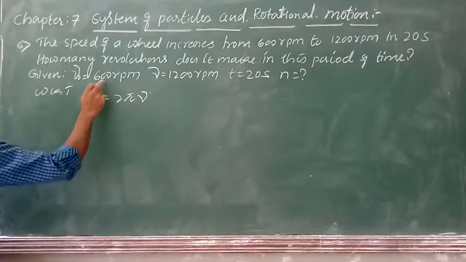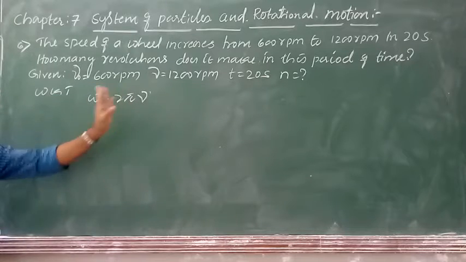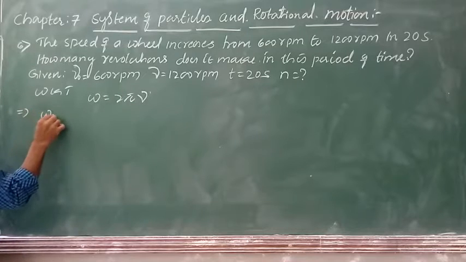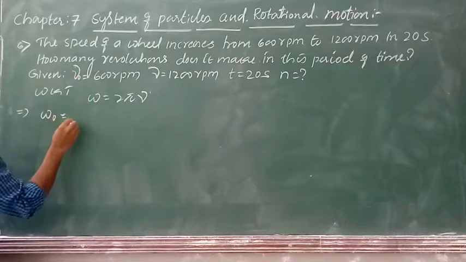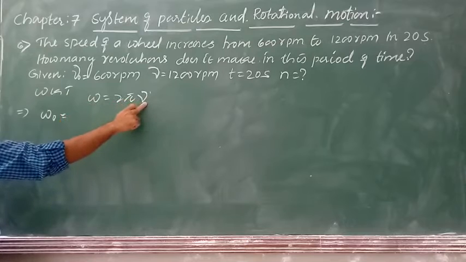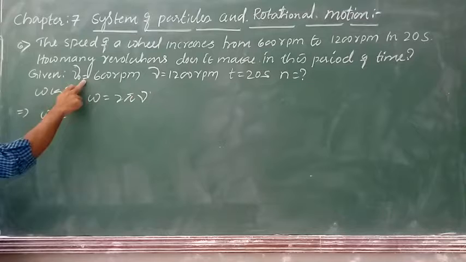So from this I can calculate the initial angular velocity and the final angular velocity. If omega naught is the initial angular velocity, then omega naught is equal to 2 pi into nu, here the initial frequency is nu naught.